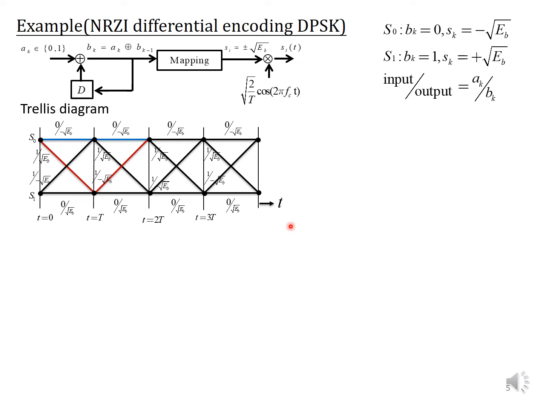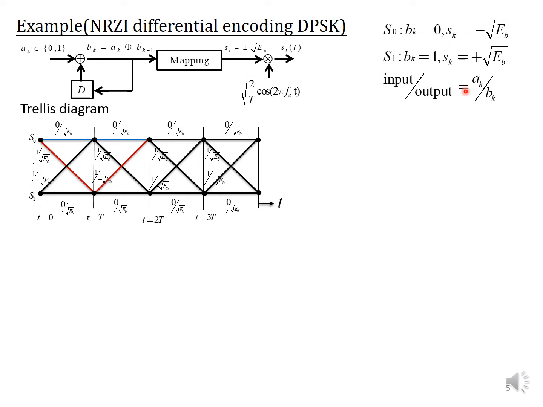S0 and S1 represent the states of the trellis, and the state is represented by the value of BK. If BK is 0, the transmission is in state 0, and if BK is 1, the transmission is in state 1.